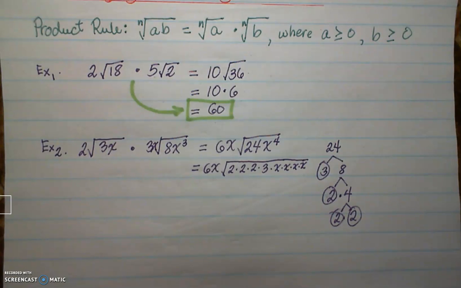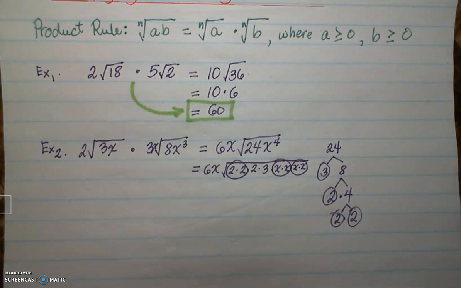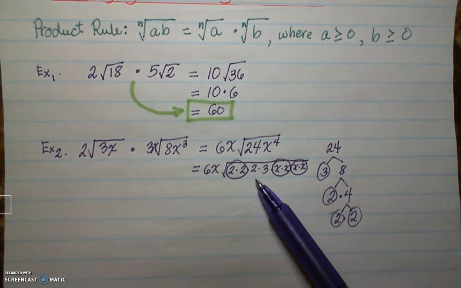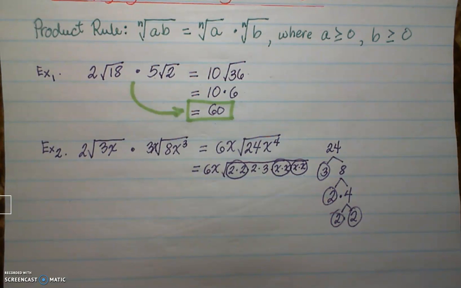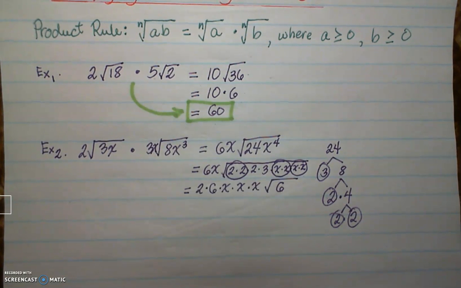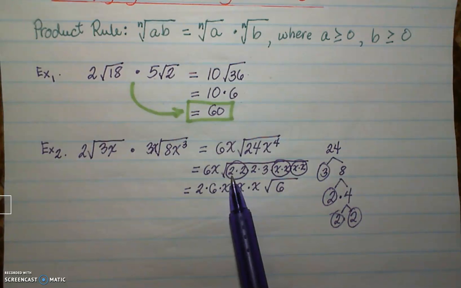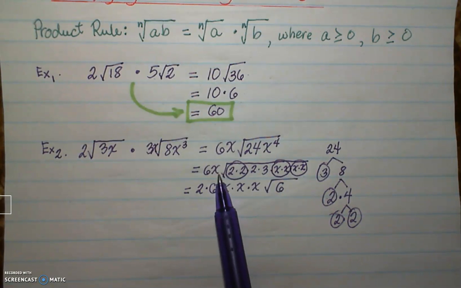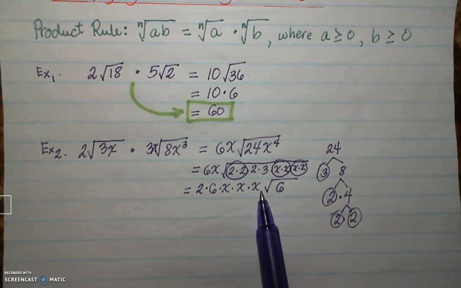What we're going to do now is look for pairs. All these pairs are perfect squares and will go out. Those with no pairs will stay inside the radical sign. So let us examine this. The two 2s that are in a pair are a perfect square. They will go out, and that's this. I copy down the 6x, and these 2x's are from here.